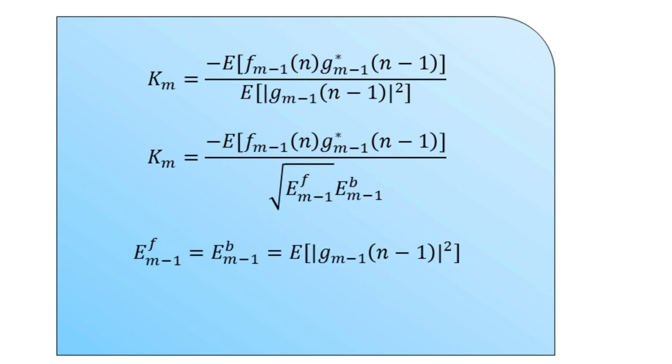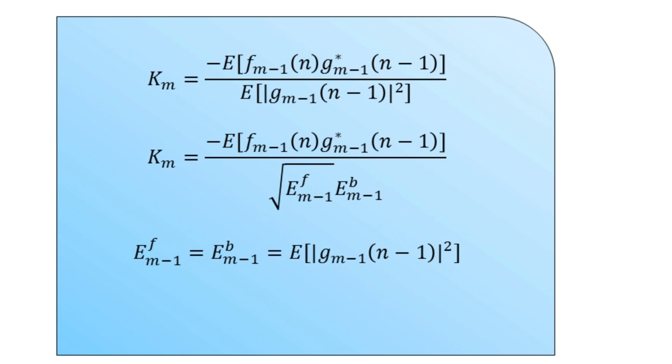Now in this case we have the observation that the choice of the reflection coefficient should be at the optimum in the lattice predictor, and this is the negative of the normalized cross correlation coefficient between the forward and the backward errors in the lattice structure.